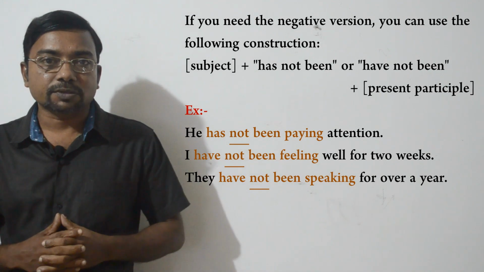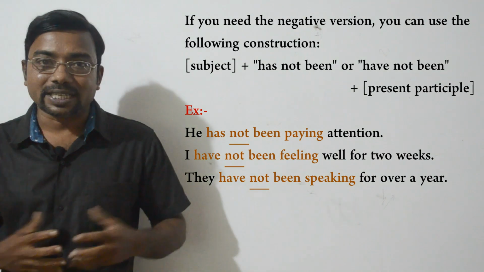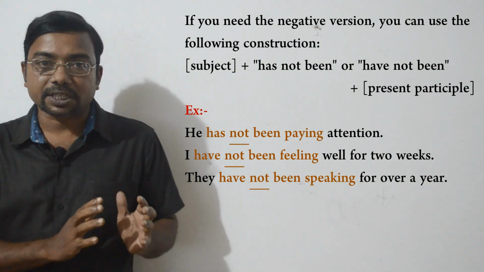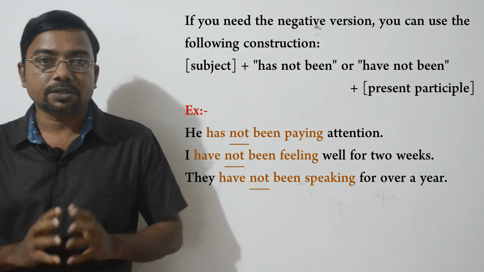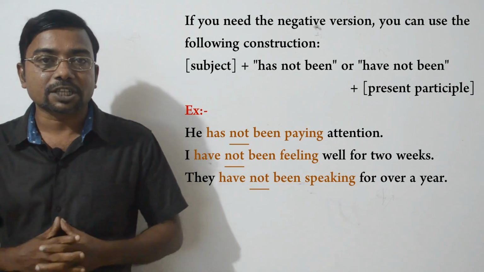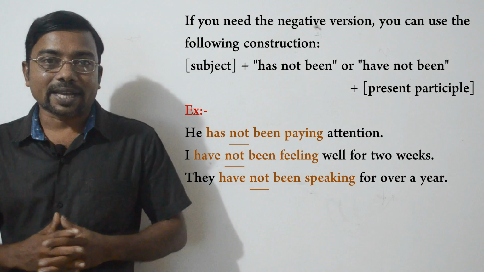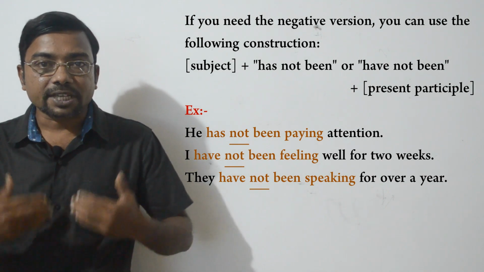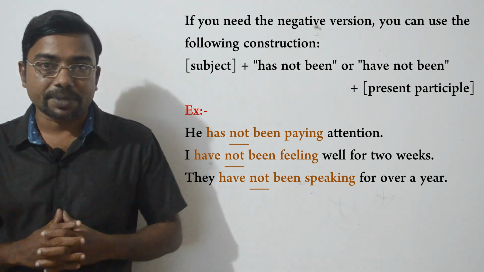Okay, look at the last one. They have not been speaking for over a year. Here also we use the plural subject they, so we use the auxiliary verb have. Then we use not between the auxiliary verb and the be verb been. Okay, remember again, when we make negative statements we use not between have or has and been.